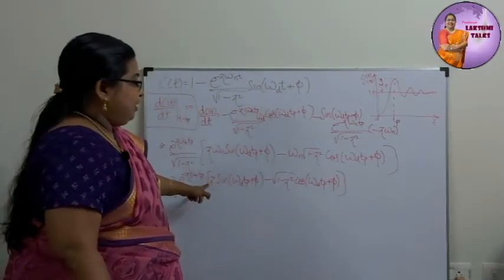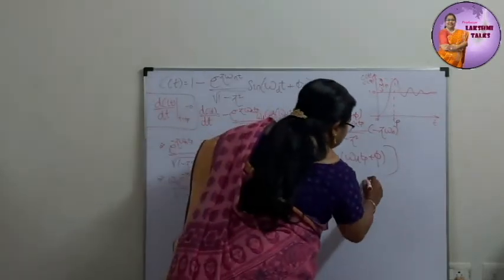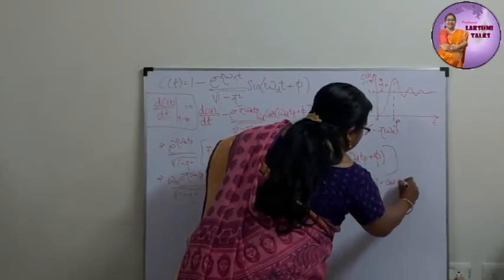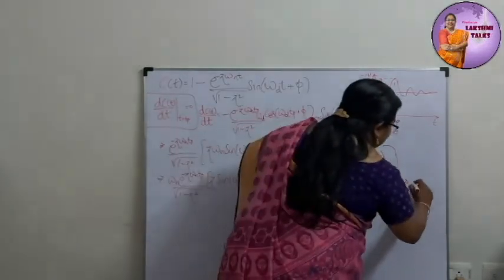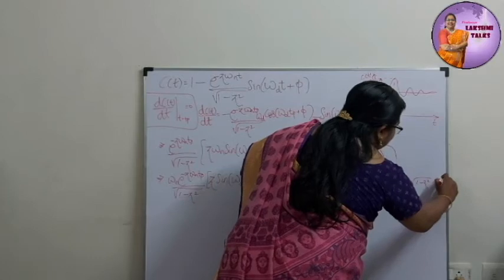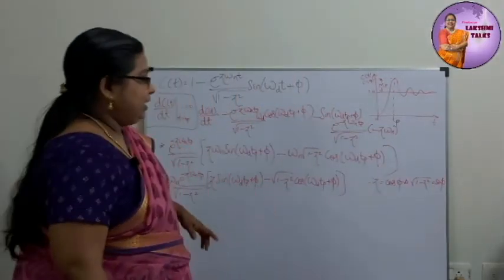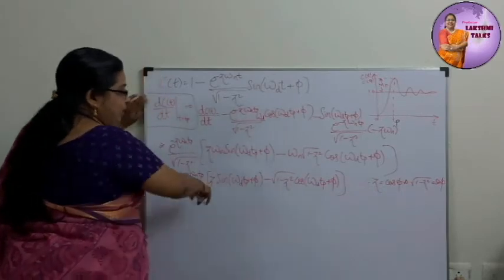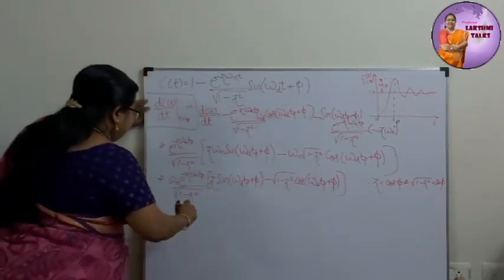But we know that zeta is equal to cos phi and root of 1 minus zeta square is equal to sin phi, so we'll replace zeta and root of 1 minus zeta square by cos phi and sin phi. So what will happen?